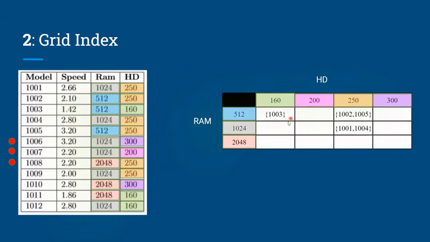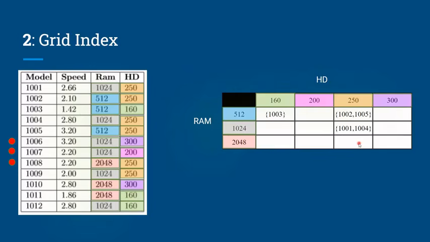What about the next one? 1007 should be in 1024 intersecting with 200, so it would be right there. Then what about 1008? It should be in 2048 intersecting with 250.